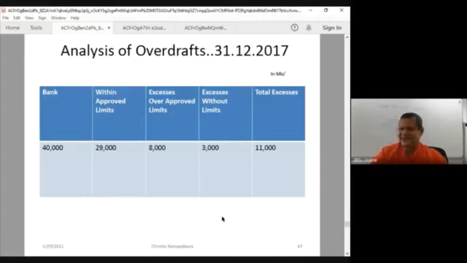So we'll take this one, on a particular date. This was taken in these banks in 2017. They had 40 billion worth of overdrafts. Overdraft is a product.